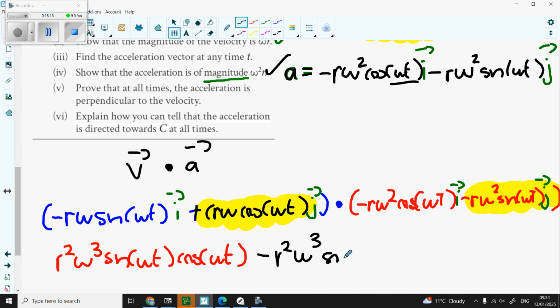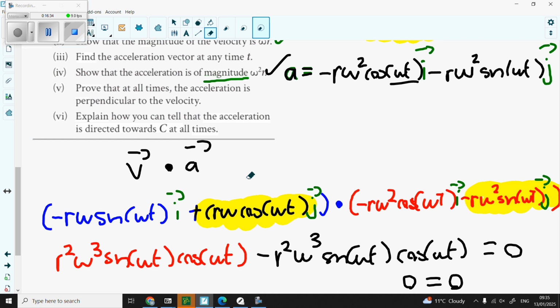Minus r squared omega cubed sine omega t cos omega t. And what does all that equal then? 0. 0 equals 0. Because the dot product is 0, this means that these two vectors are perpendicular. Happy days, right? Yeah.